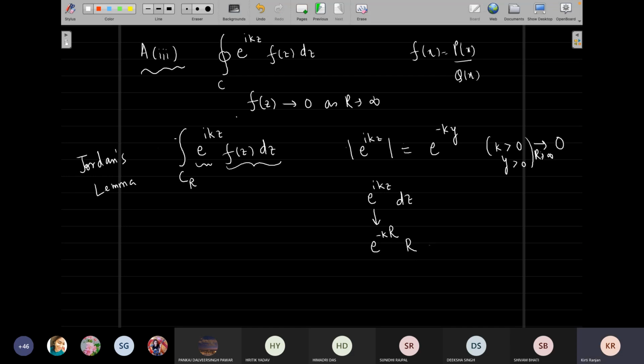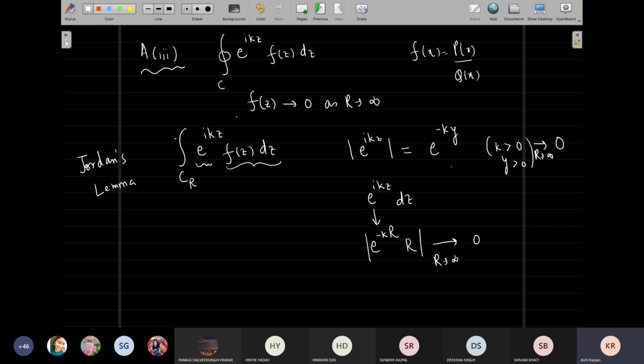So dz grows as r and e^{ikz} exponentially decays as e^{-kr}. So for these two, whenever k is a positive constant, any positive constant chosen, this term goes to 0 as r tends to infinity, because the exponential die out is far faster or sharper than the linear growth.